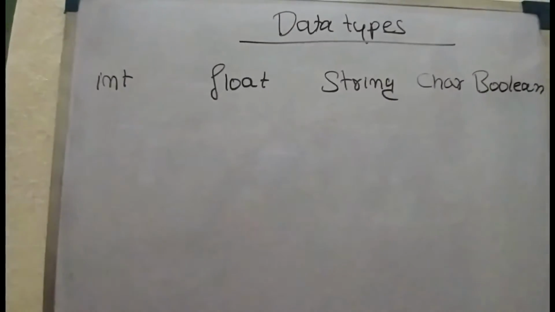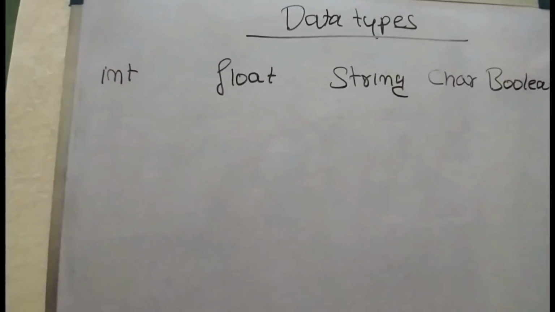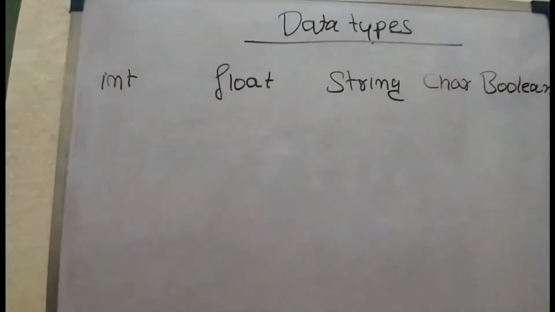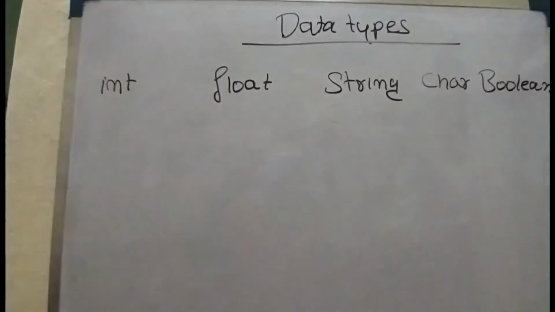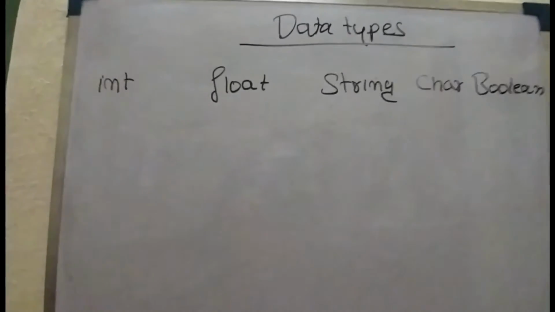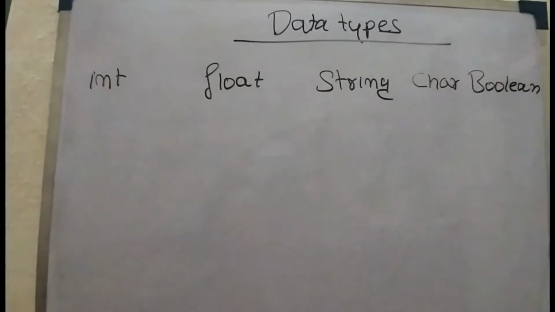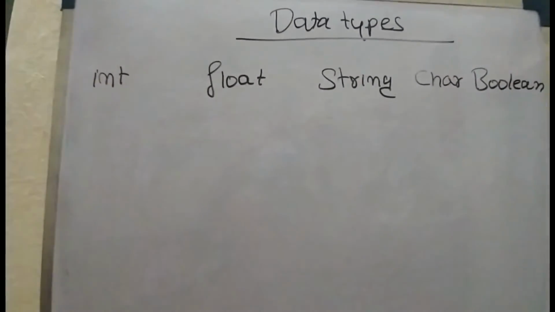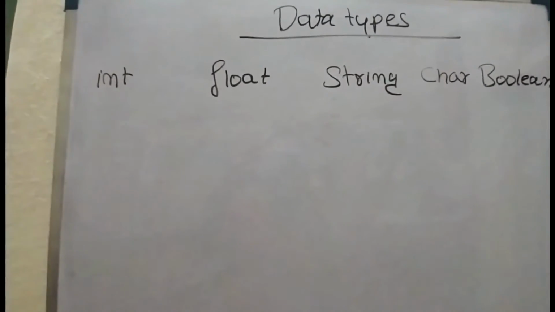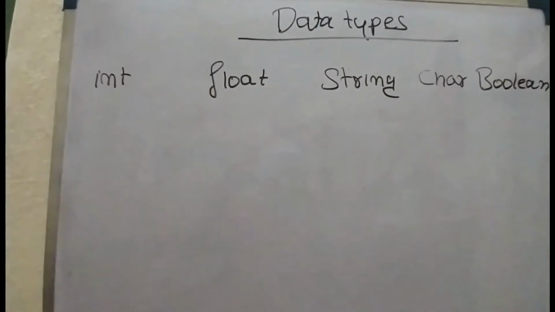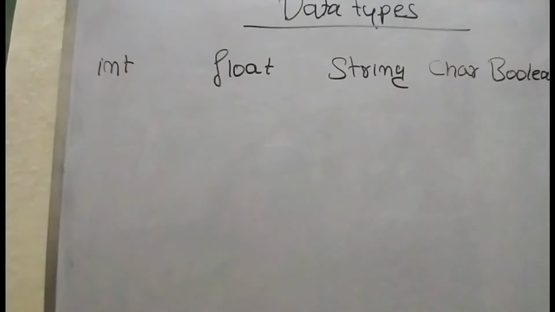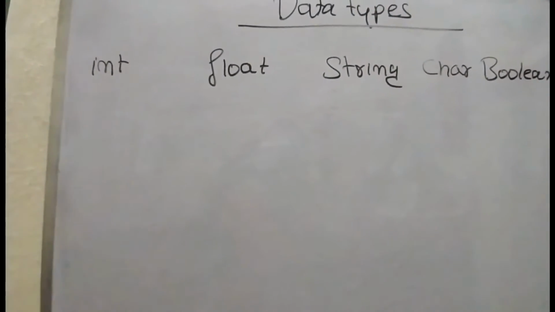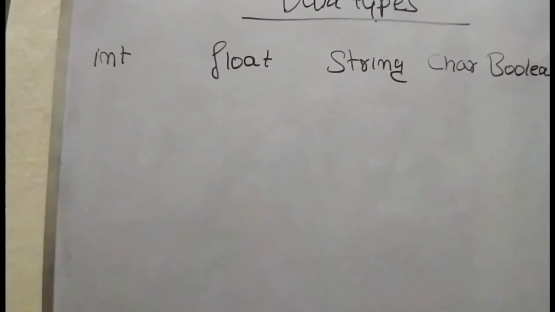Now we need to consider something. Since we are having different types of homes, there has to be different types of people who are allowed to get into the homes. Exactly right. So in int type, we can store integers like 5, 6, 7.